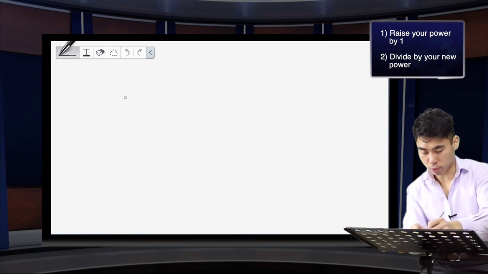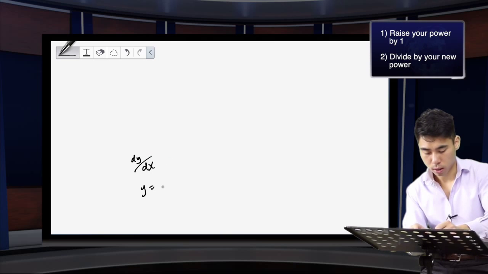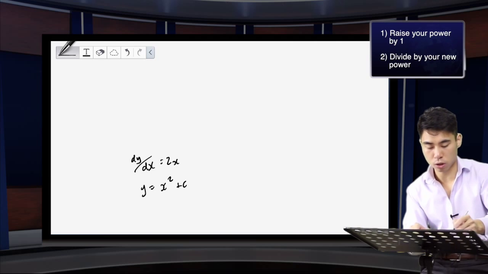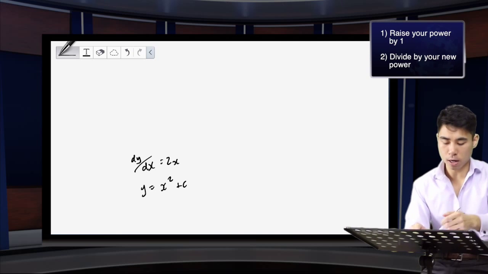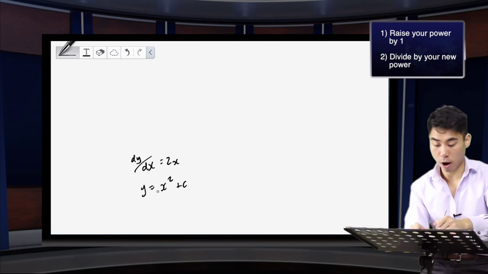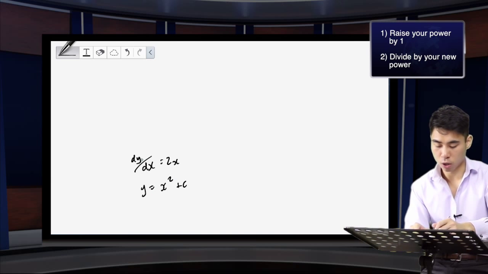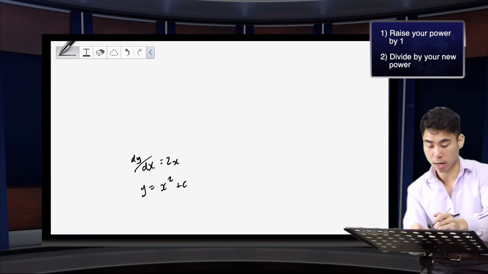Another example now. Rather than expressing this in terms of dy by dx and y, I'm now going to express this using our function notation. So just remember our function notation, our first derivative, if our original equation is expressed in terms of y's and x's, then your first derivative is going to be dy by dx.